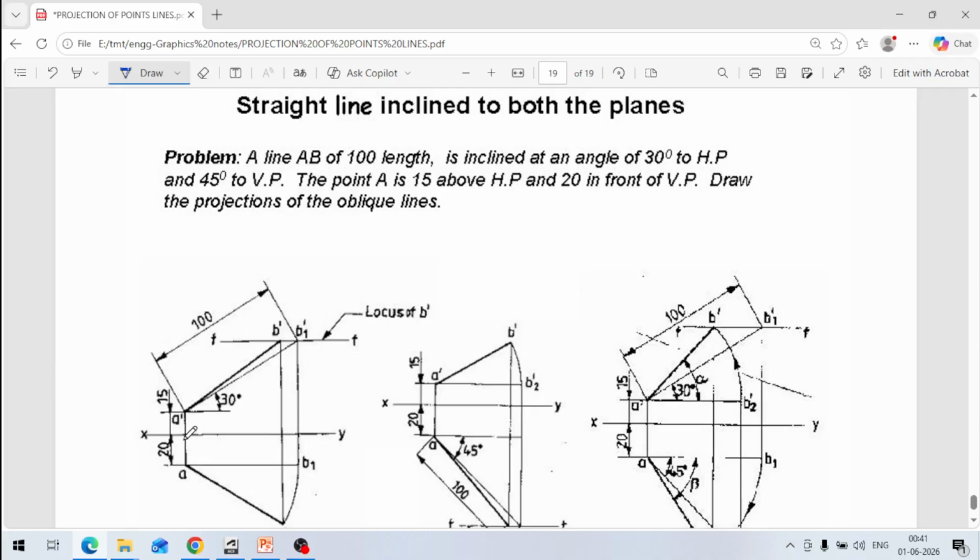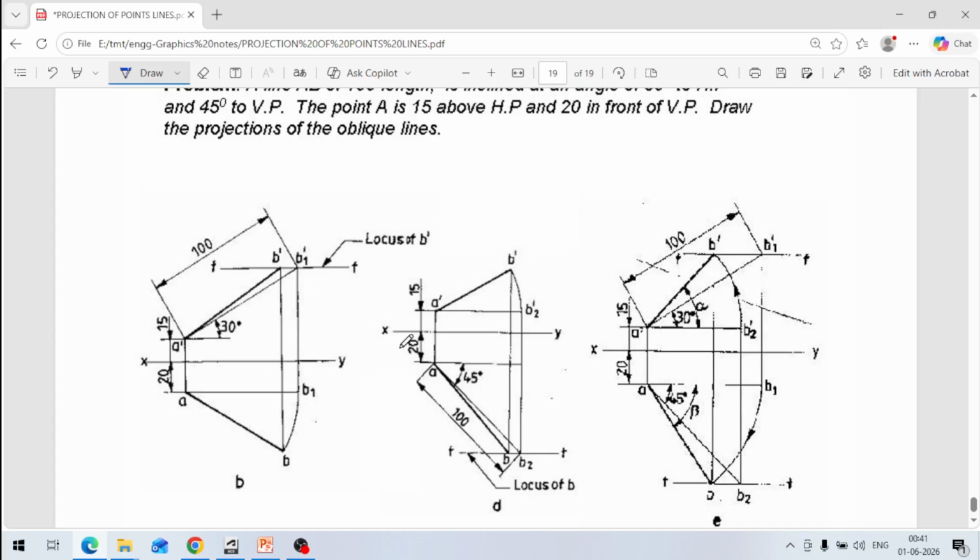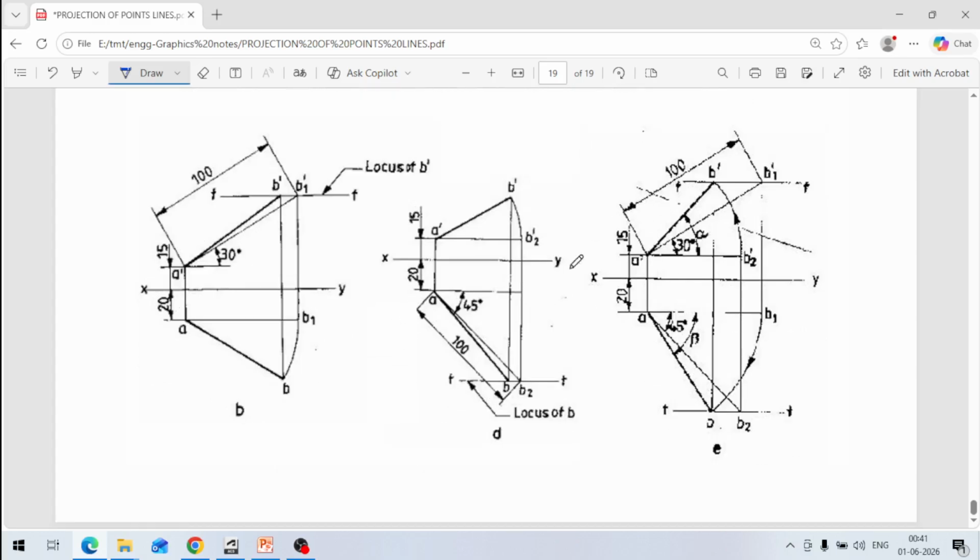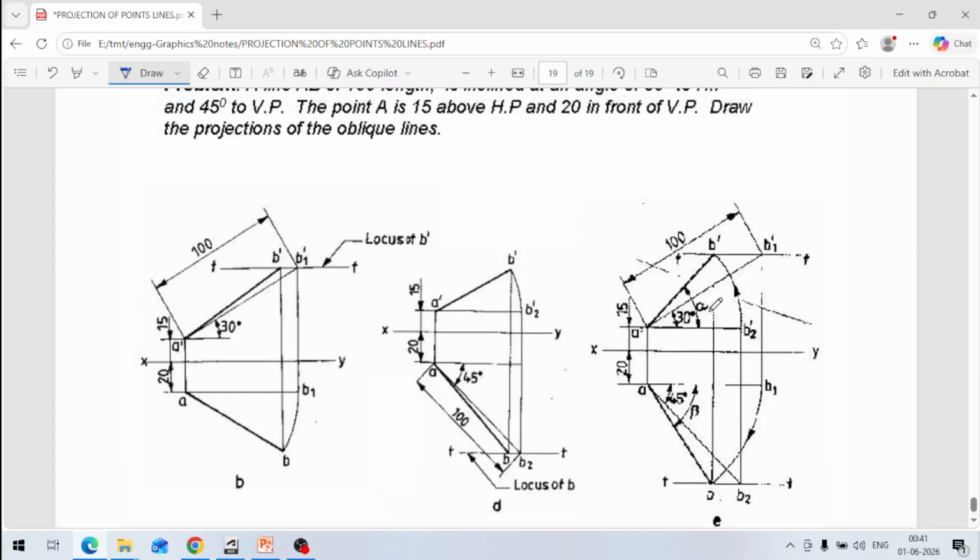Okay. So now what we have to do is, in this case, if you see here, this is our x line, and point A starts at 15 mm. If you draw a horizontal line like this, then after drawing this line I have to draw a 130-degree angle, and then we cut this length 100 mm because this is the true length.